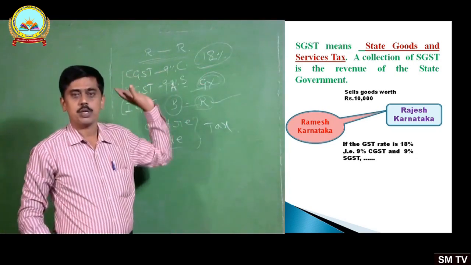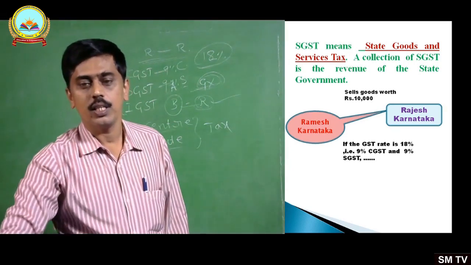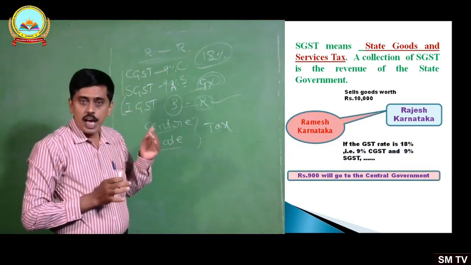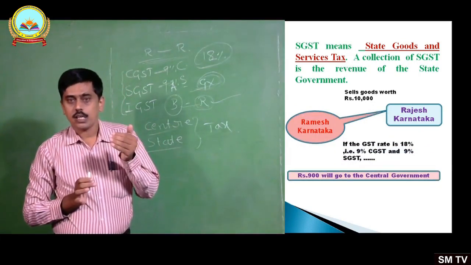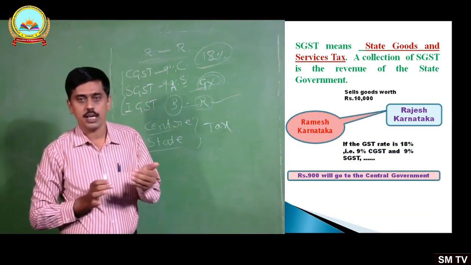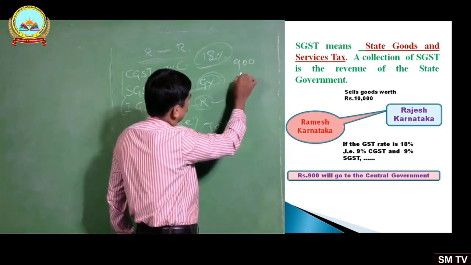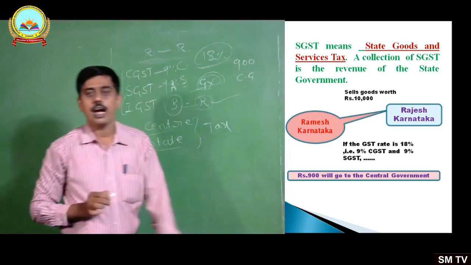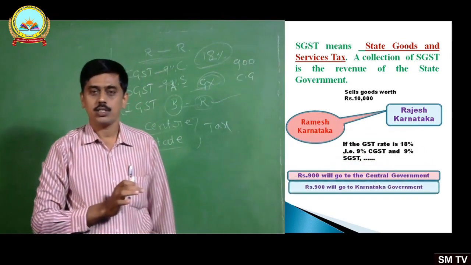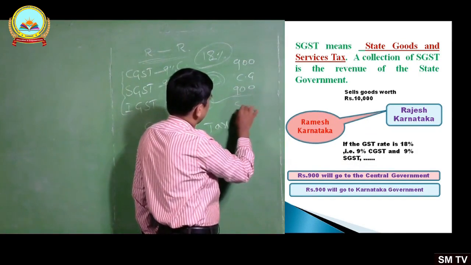When total is 18%, 9% CGST and 9% SGST, then how the revenue is to be divided? 9% on 10,000 comes to 900, which will go to central government. And the remaining 9% on the 10,000 comes to 900 again. That 900 goes to state government.